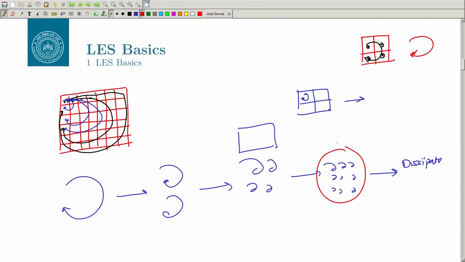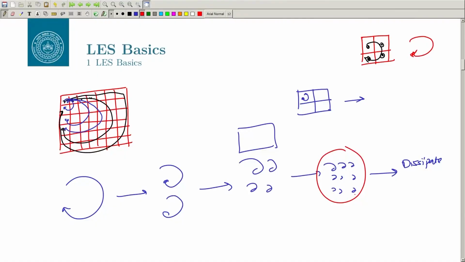So, then what will happen is that you are not able to dissipate the heat that you need, and because of this, energy will start building up, okay, and that is what I was discussing in the last class, that if your grid is not sufficiently fine and if you are not using a subgrid scale viscosity model or a scheme with a numerical viscosity, your solution is going to blow up, okay, and that is what happens in a typical DNS.